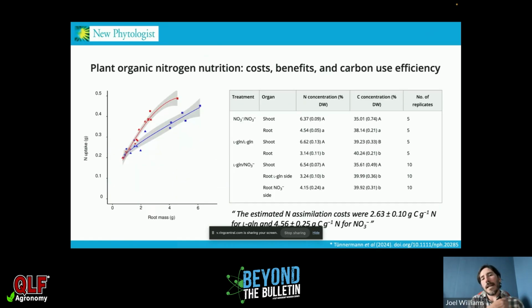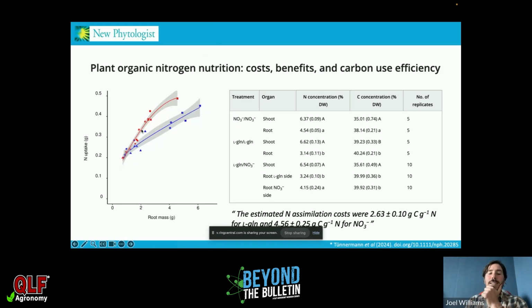So here we are looking again at the carbon economics, the energetic or metabolic cost of those two different forms. On the left-hand side we are looking at root mass against nitrogen uptake. So of the nitrogen that was taken up, be that the nitrate form or the amino form, how much biomass can I produce with that amount of nitrogen?